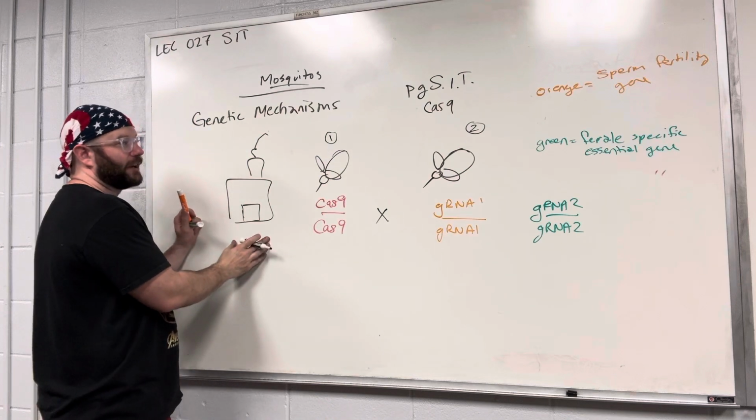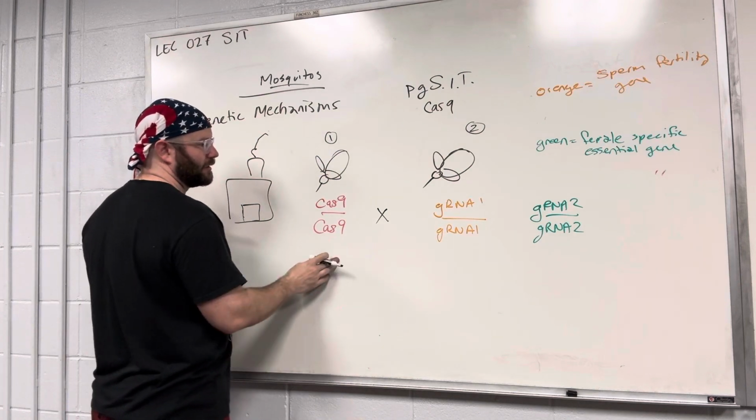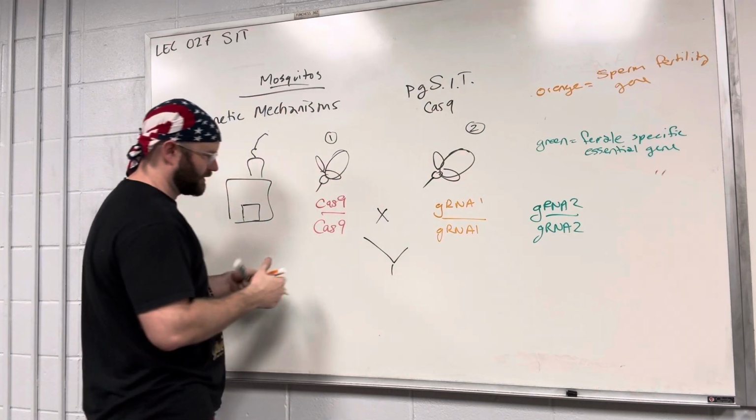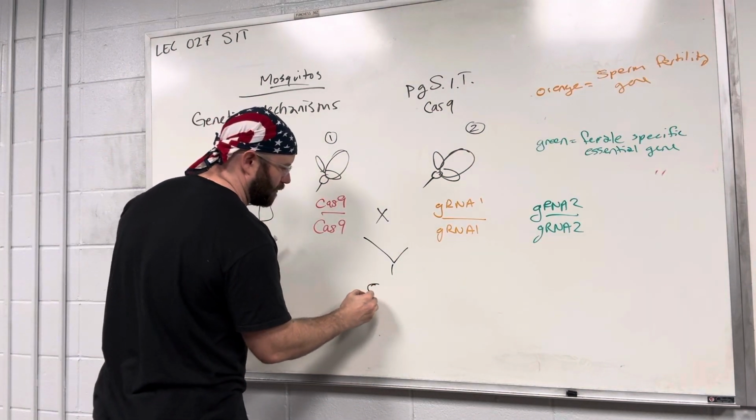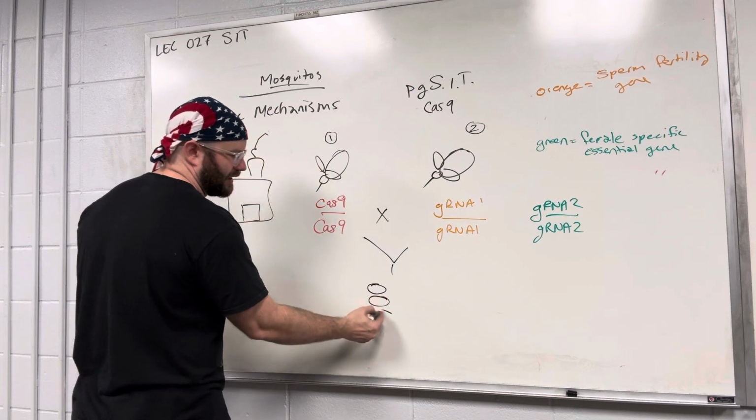So in the factory, they then mate these two, okay? That produces the next genotype. In this case, what they're actually collecting are eggs.